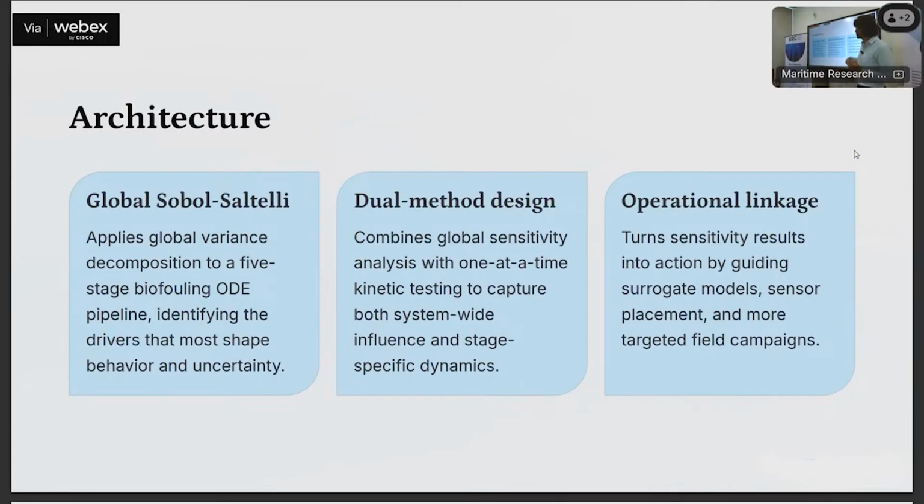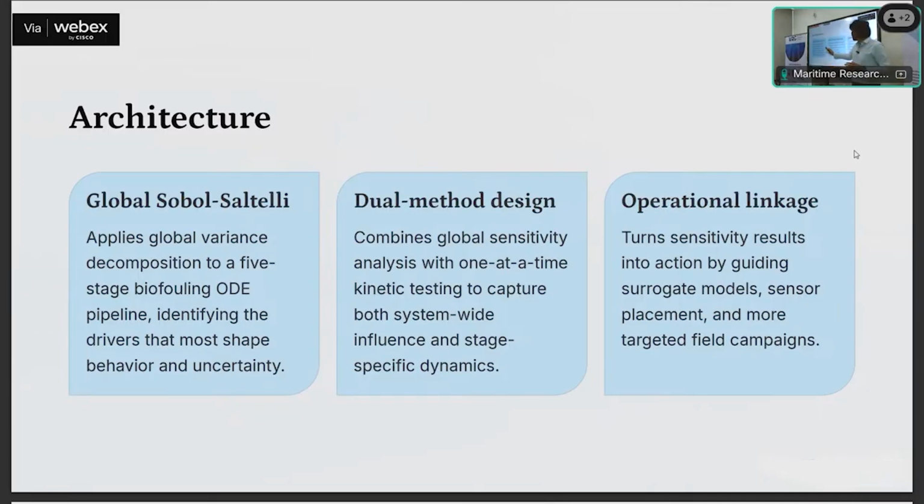So what I am trying to do is model this biofouling mathematically and apply a statistical method called global Sobol Saltelli analysis, which gives me a matrix saying this factor is more important than the other. That's the mathematical method I'm using to analyze these differential equations.